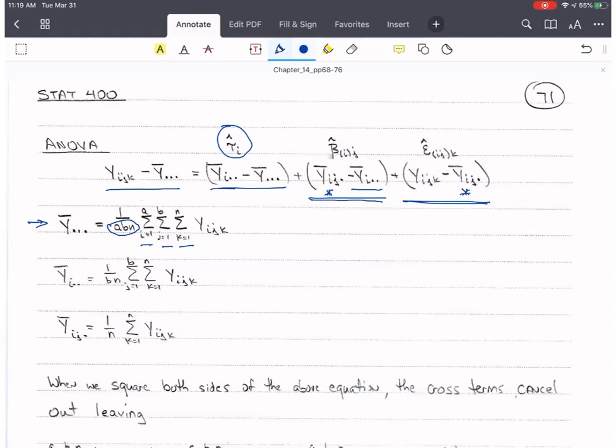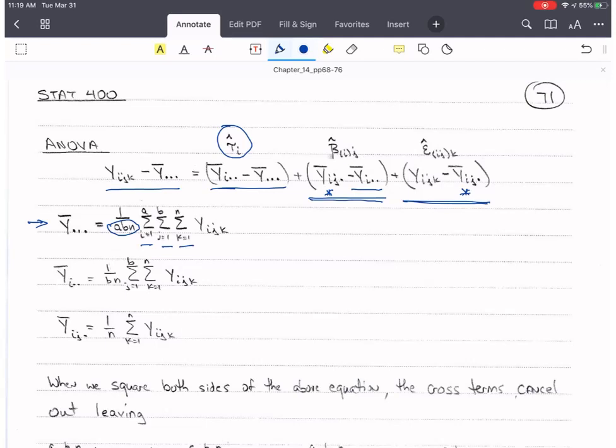For our example, a was 3, b was 4, and n was 6. So 12 times 6 is 72. We're just going to take every observation and average.